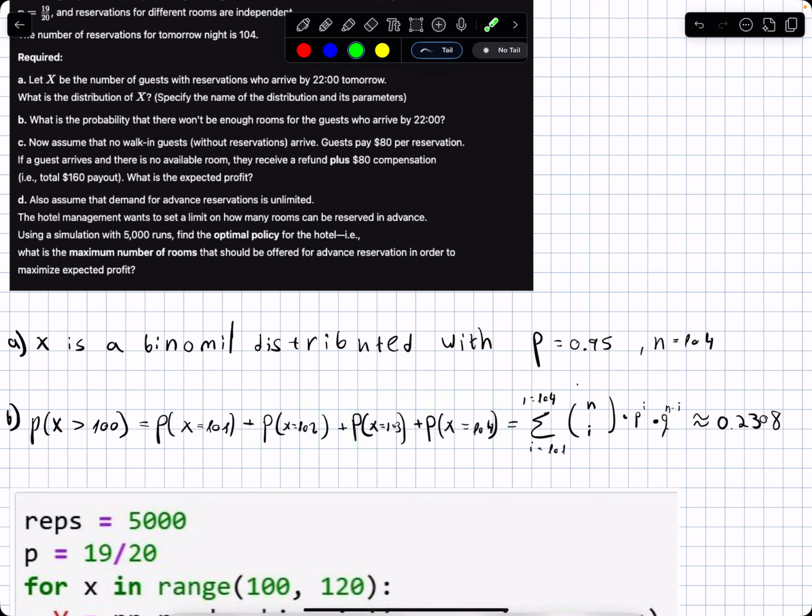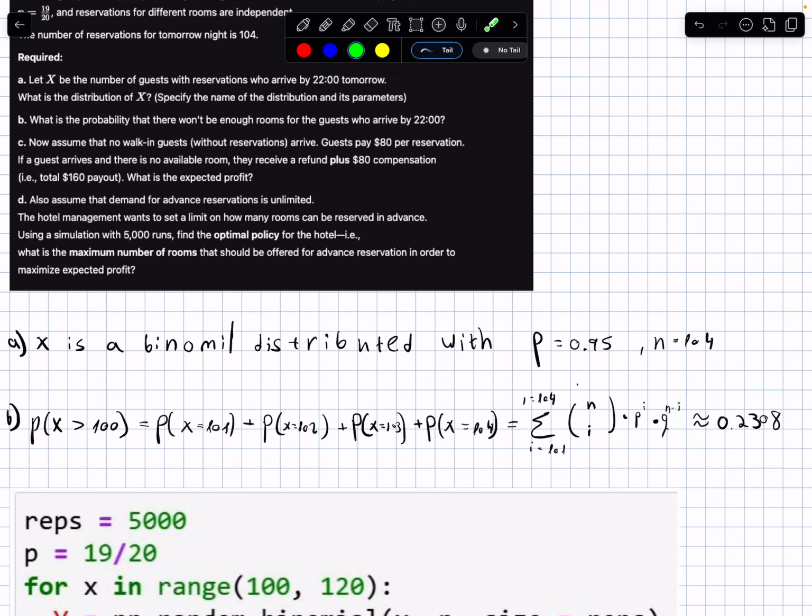So this is the sum, starting with i equal to 101 up to i equal to 104, of n choose i, times the probability of i successes, and the complement probability, which is 0.05 to the power of n minus i fails. And I put it in a calculator. If you want, I can also link the calculator.